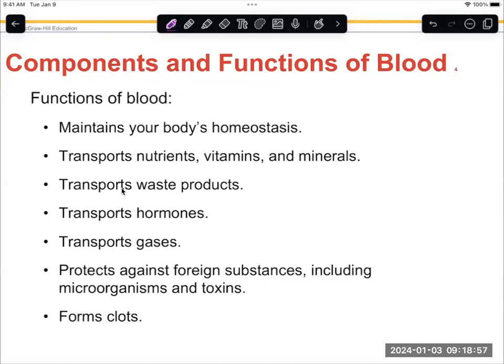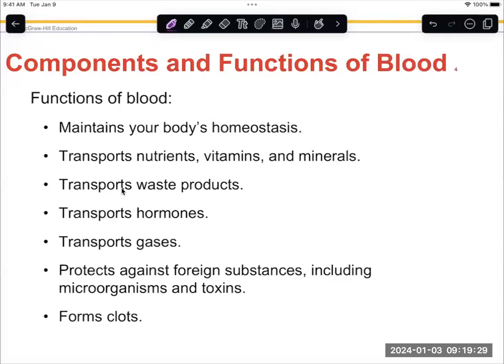Transports nutrients, vitamins, and minerals. So your blood picks up these nutrients, vitamins, and minerals from your digestive tract. And then it's going to take them and store them in different cells. We pick up things like glucose, amino acids. Amino acids, if you string different amino acids together, we make proteins. So I said we transport waste products.